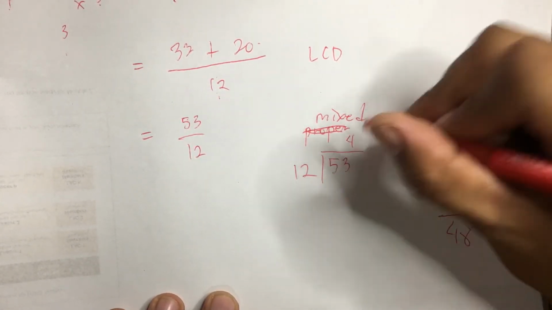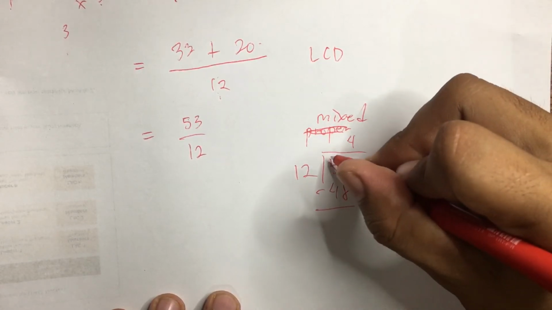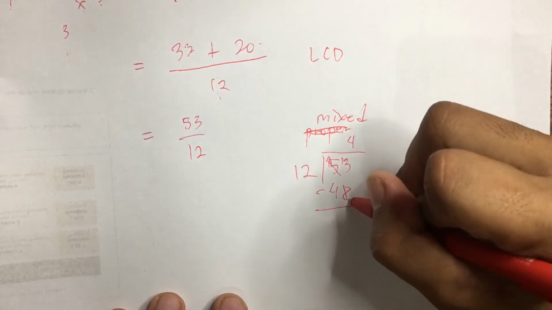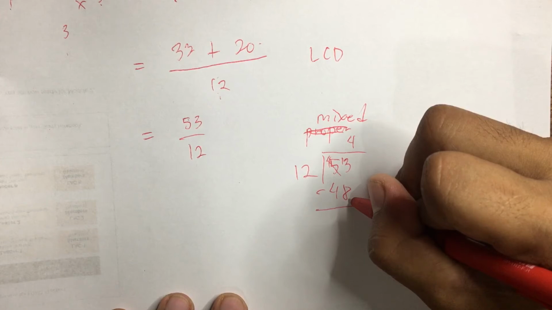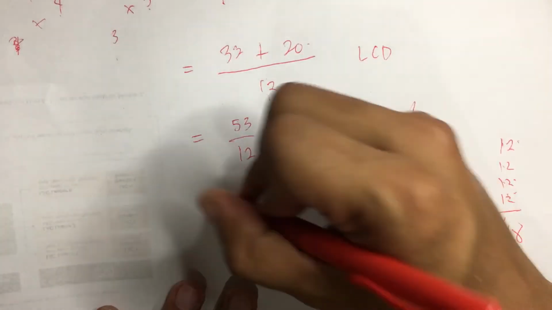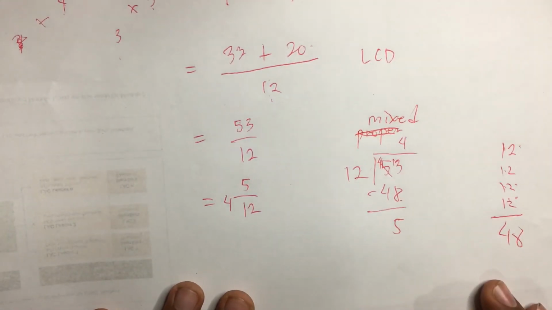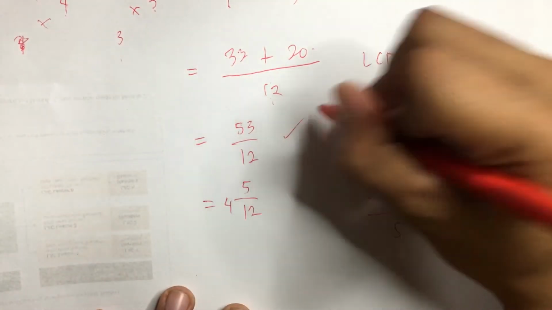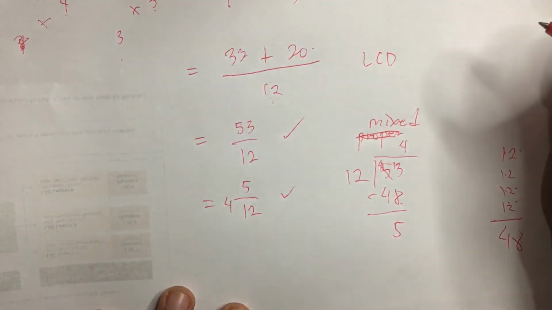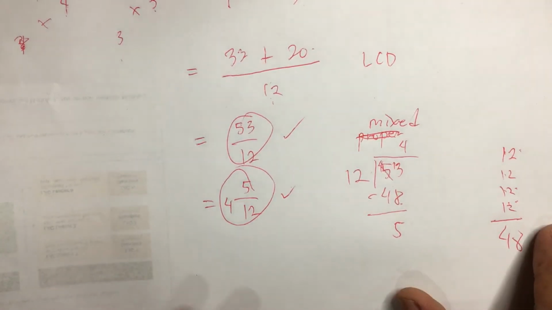So we have 4 and 5 over 12, as our mixed fraction. Can we answer this one? Yes, it's correct. Can we answer this one? Yes, it's also correct. Either of the two is correct. It depends on the instruction.